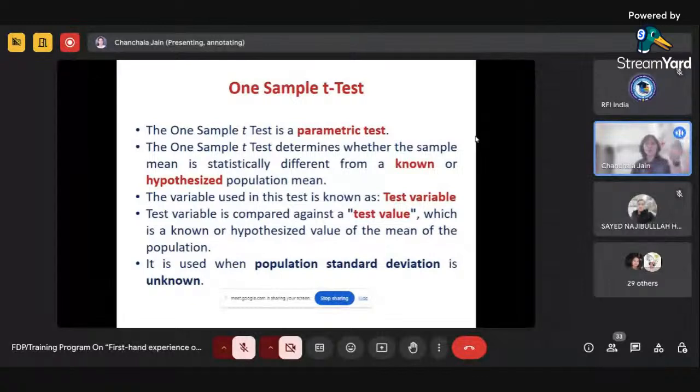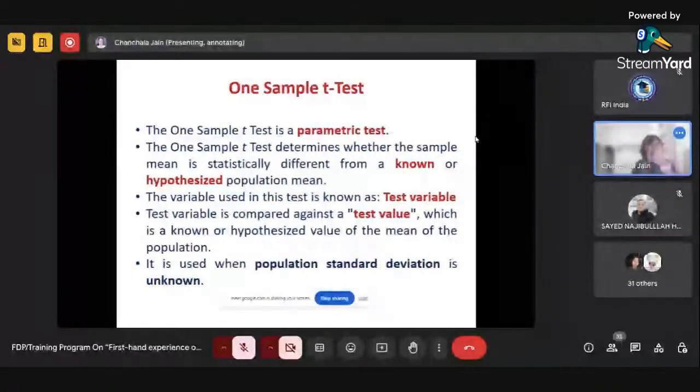We will have a sample, calculate its mean, and compare that mean with the population mean, because mean is one of the parameters of the population. I want to see whether the sample mean and population mean are similar or not, meaning whether the sample belongs to the same population which has the same mean, right? This is the concept behind the t-test.